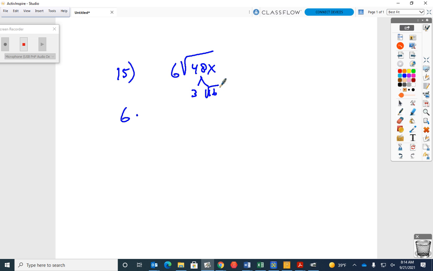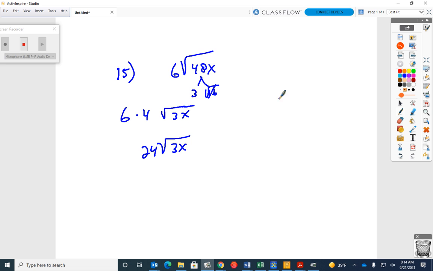Are either one of these a perfect square? Yes, 16. What's the square root of 16? 4. What's left in there? 3 and x. I can't simplify this any further, can I? What's 6 times 4? 24. 24 radical 3x.